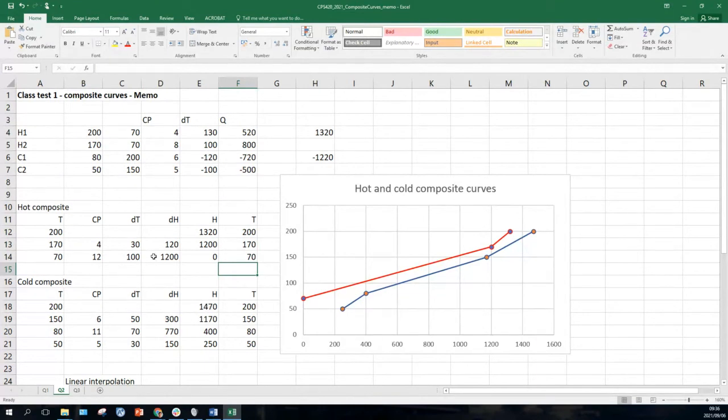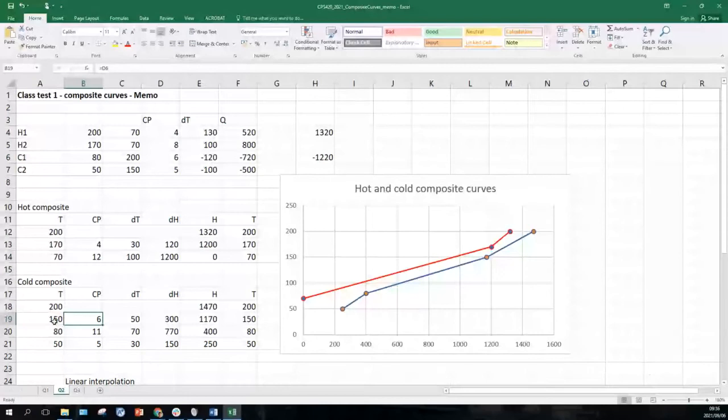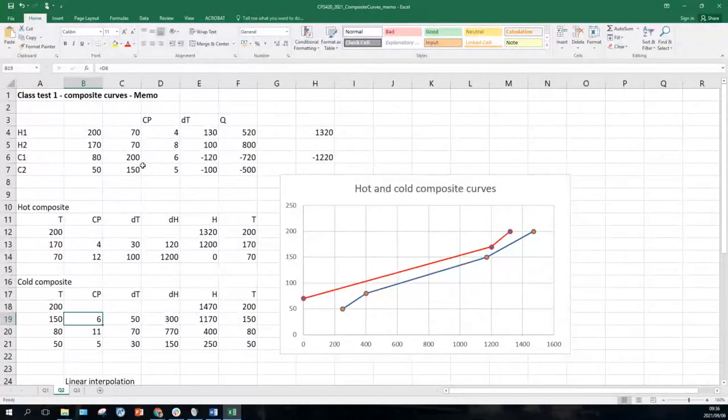Cold composite curve. We've got four different temperatures: 200, 150, 80, 50 in that order. CP from 200 to 150 only involves C1, which is CP of 6.